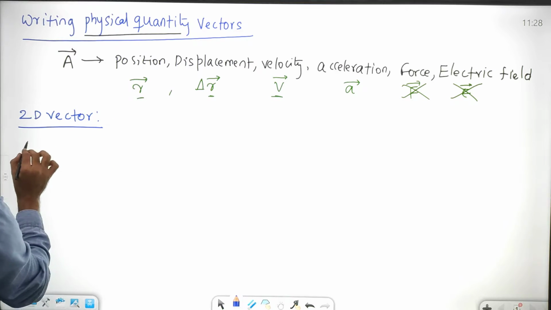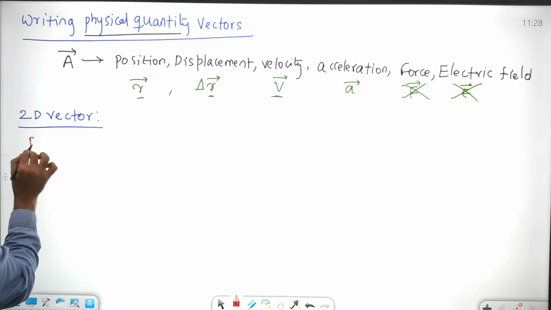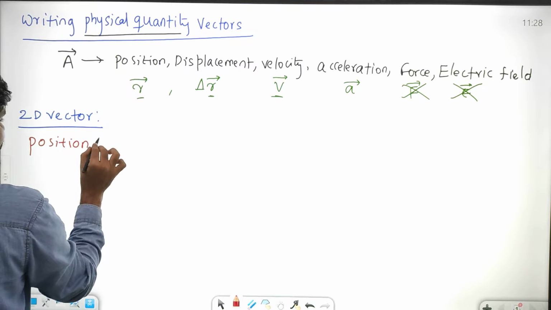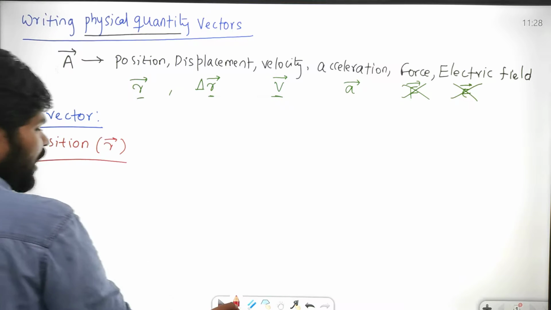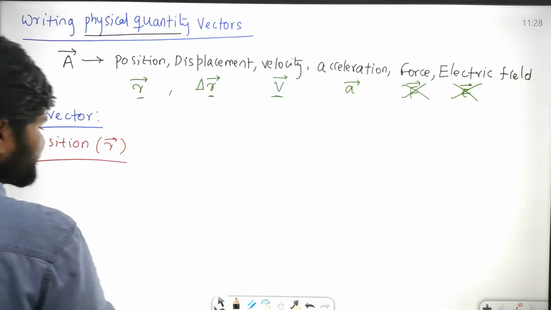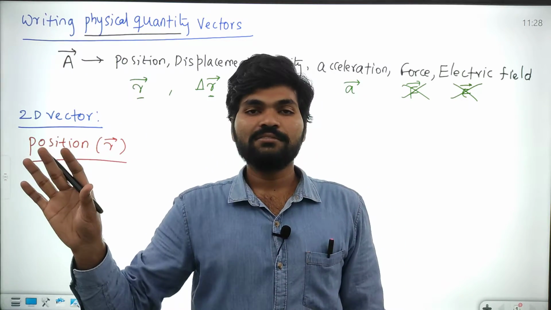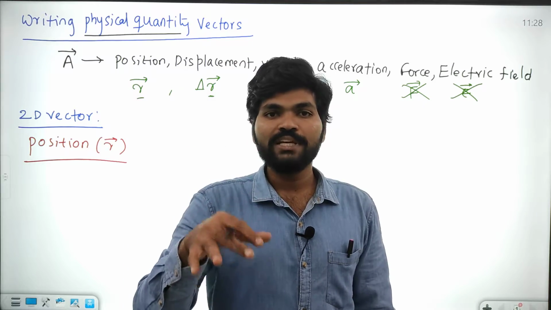I am taking the position vector, represented with r cap. Sir, what is a position vector? A position vector is nothing but a point. I stand here; this is my position. I want to tell my position in vector form.